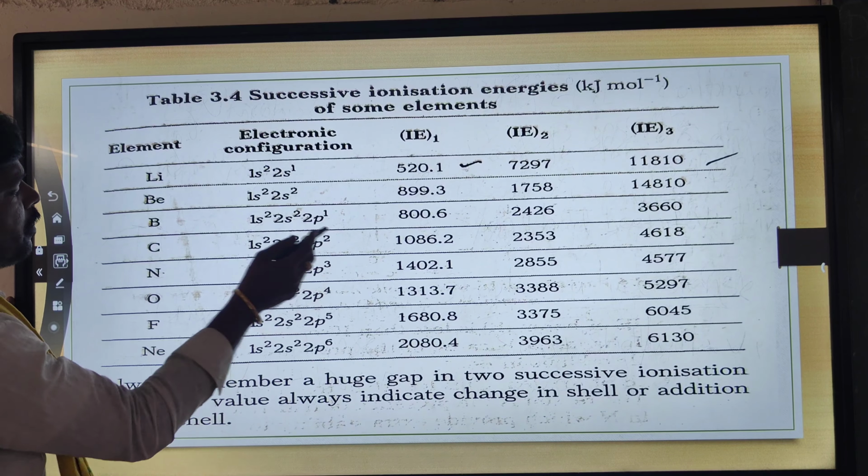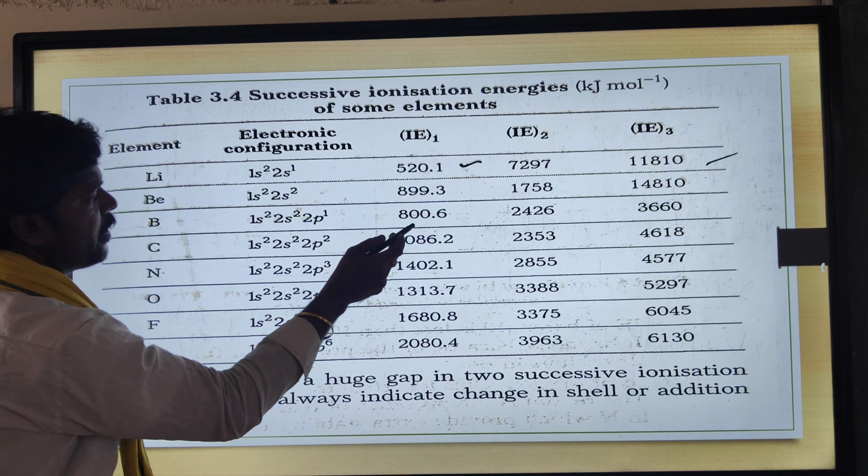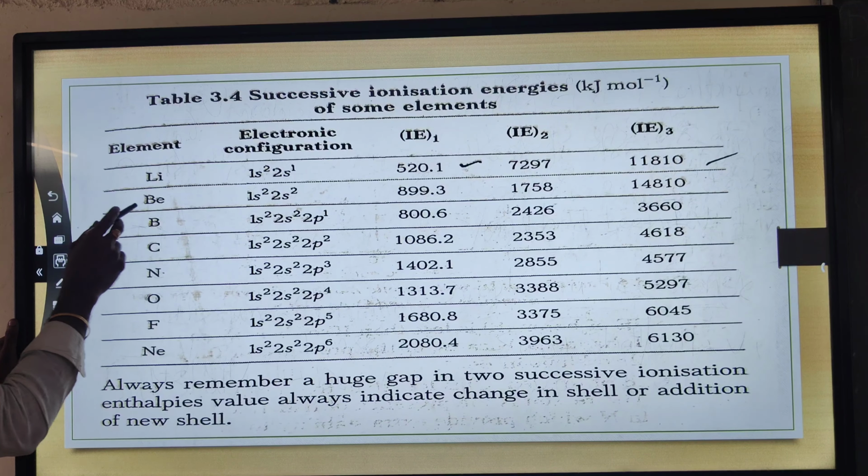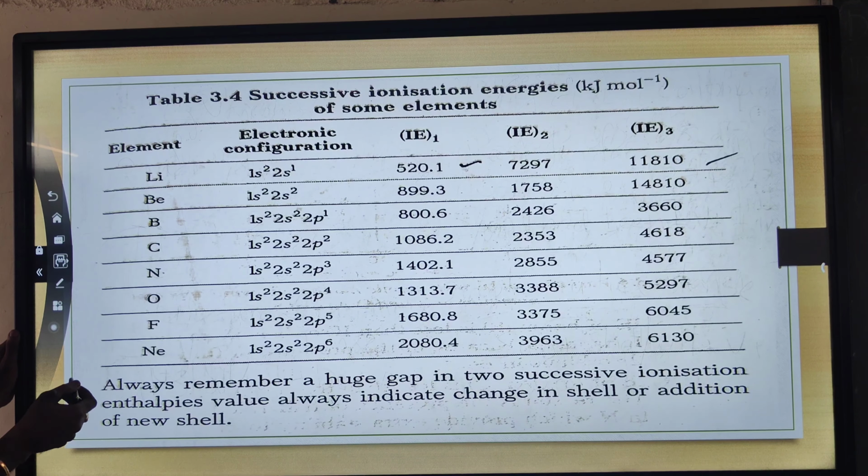Similarly, you can look here, boron is only 800.6 kilojoules per mole and beryllium 899. There is a sharp decrease in ionization energy, because as we already discussed, beryllium has a full-filled orbital, boron doesn't. That's why beryllium has higher ionization energy than boron.